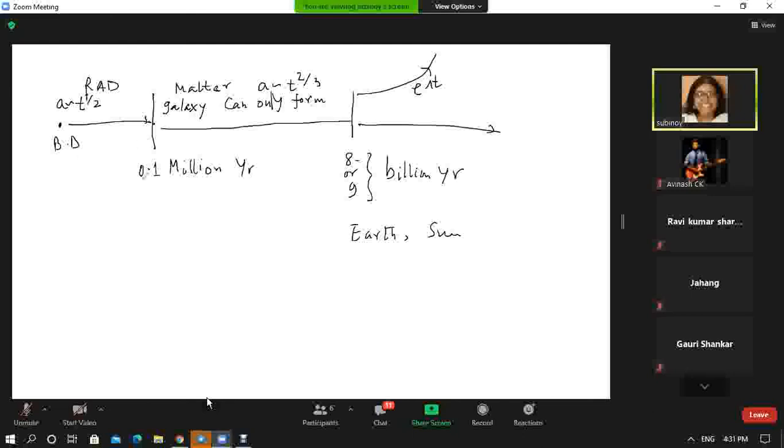You cannot form a galaxy in radiation because radiation has an outgoing pressure. As we said, it is 1/3 rho. So you can never make a galaxy of photons or very highly relativistic particles because they are moving so fast. Is it right? Yes?